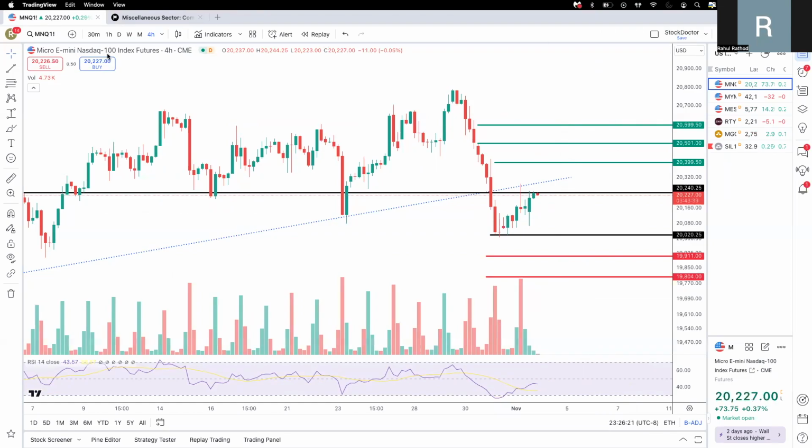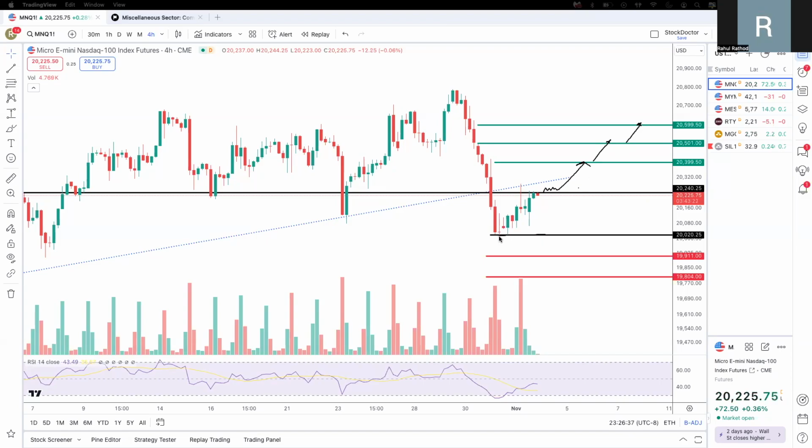As per my understanding, if Nasdaq 100 stays above 20,240, then we can see the levels of 20,400, 20,500, 20,600.